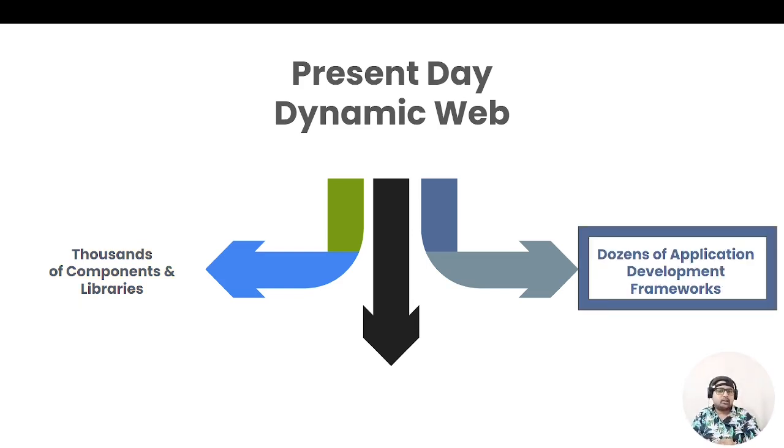Thus, in the present day, web developers are equipped with dozens of development frameworks. So, as we have already seen, what is a framework? A framework is a collection of components, a collection of packages, and also some ready-made stuff which is used across all the applications.